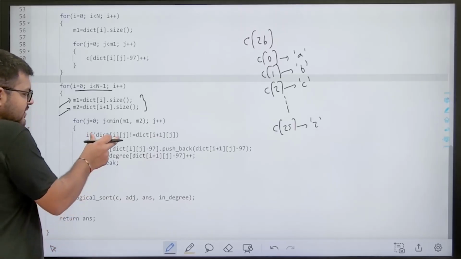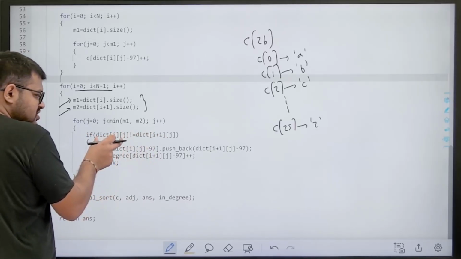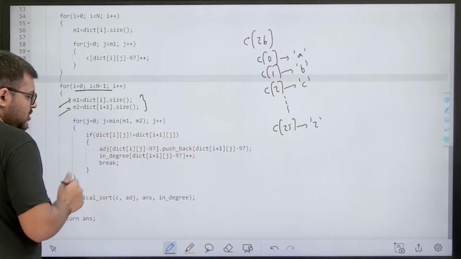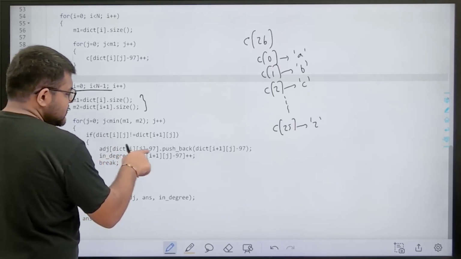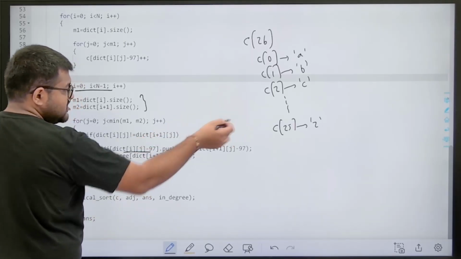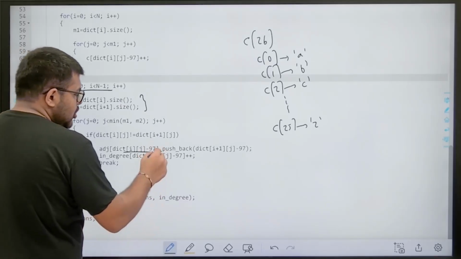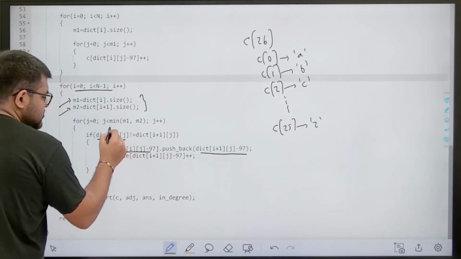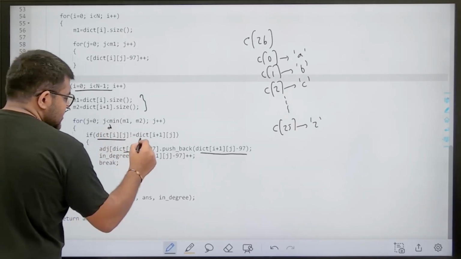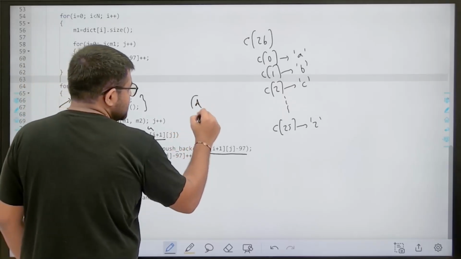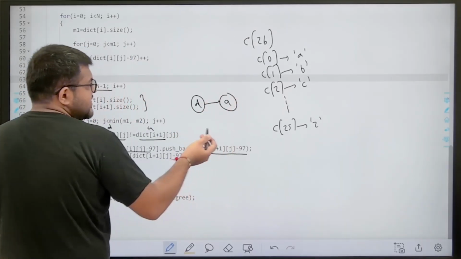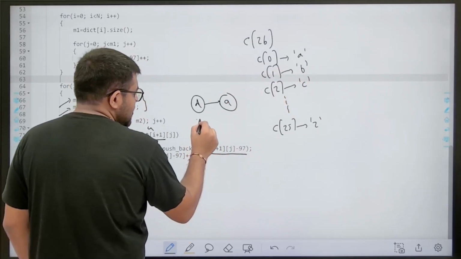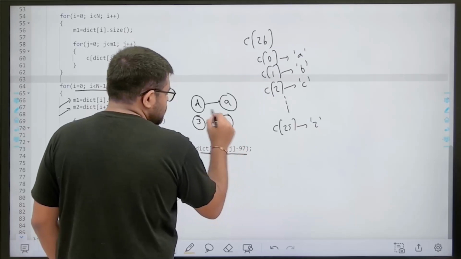So I'll draw a directed edge from here to here, because this one comes first in the dictionary and this one comes afterwards. This is the (i plus 1)th position and this is the sorted order. So adjacency list of dictionary[i][j] minus 97, again to convert it to index 0 to 25, dot push_back dictionary[i plus 1][j] minus 97. Let's suppose this character is D and this one is A. A directed edge from D to A will be drawn, but as I said, 0 will be used to represent A, 1 will be used to represent B, 2 to represent C. So a directed edge between the third node and the 0 node would be made.